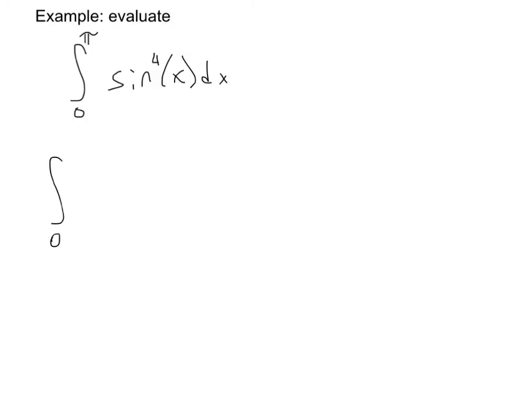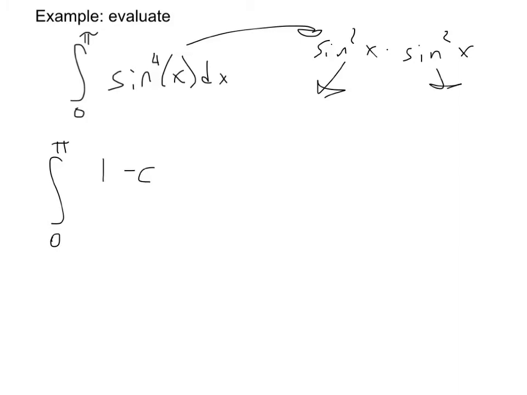What we do, as I mentioned in that first slide, is we think about this thing as being sine squared x times sine squared x, right? And then each one of those things is going to get power reduced. So I'm going to get 1 minus cosine 2x over 2 times 1 minus cosine 2x over 2.